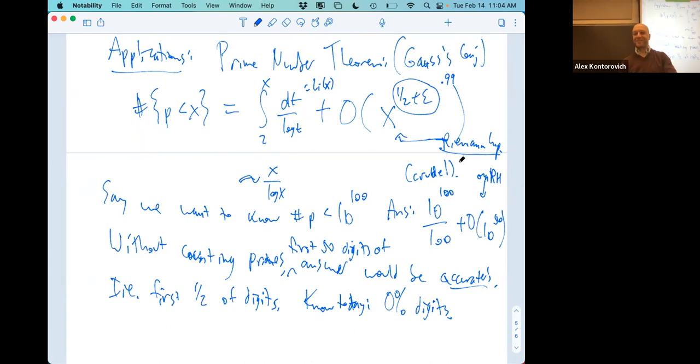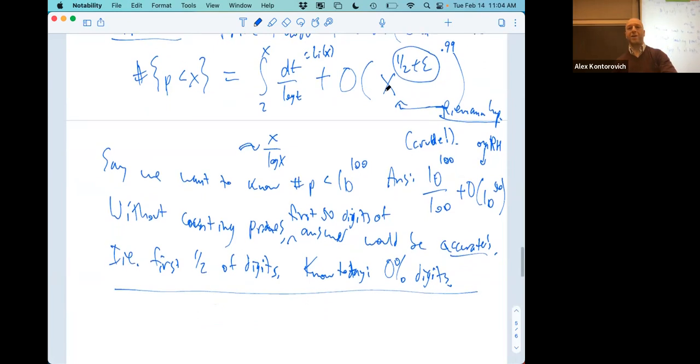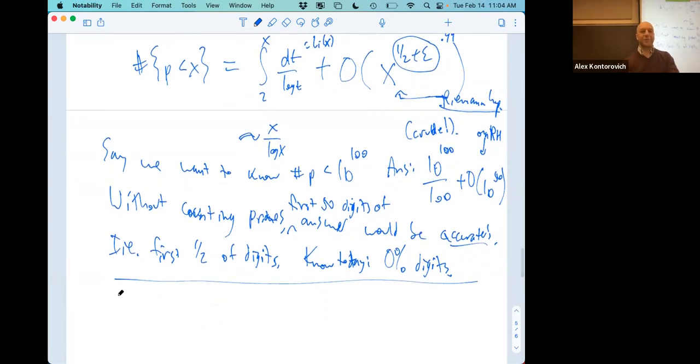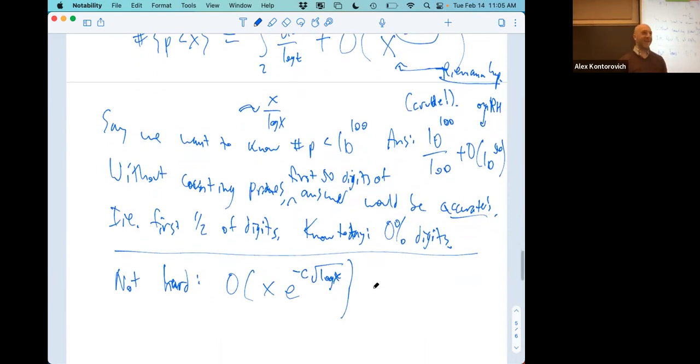What is the error that we currently have? It's not hard to prove an error that looks like x times e to the minus a constant times the square root of log x. Now this is where analytic number theory gets its bad name from. What is this thing?